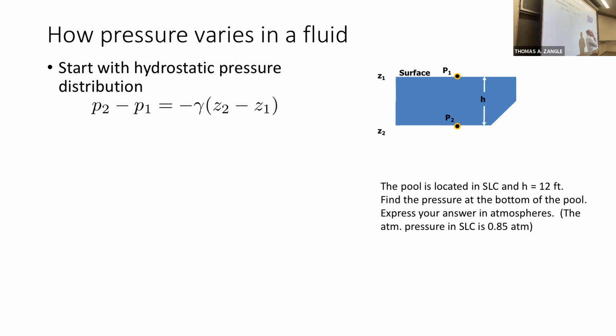That's honestly where probably the most mistakes will happen. So if we set Z1 to be 0 as our reference, and that's pretty good, we know the pressure at 1, so we're going to set that as our reference Z. Remember that gravity points down, so our Z coordinate points in the opposite direction of gravity by convention. And so Z1 is 0, Z2 is minus 12.